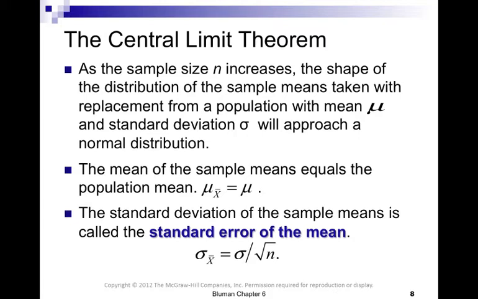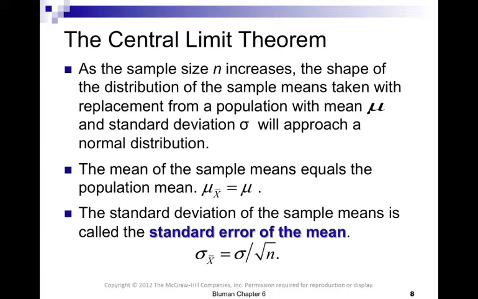So the larger the sample size, the more we can assume that it follows that normal distribution curve. And usually 30 is the number that we go by. If the sample size is 30 or bigger, we assume that it has that normal distribution shape. If it's less than 30, then you usually want to see in the problem that we're going to assume the normal distribution or something to that effect.